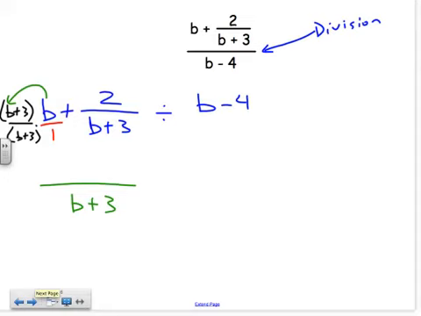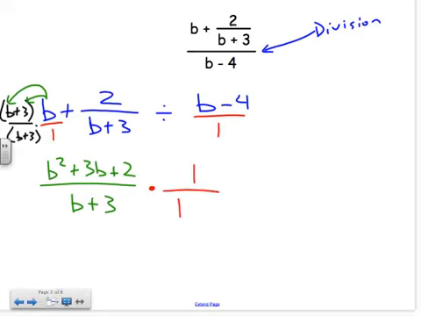So b times b is b squared, and b times a positive 3 is positive 3b, and I have a plus 2. And if I look at this right fraction, instead of writing divided by b minus 4, remember we never divide fractions. So this is really b minus 4 over 1, where we change to multiplication and we multiply by the reciprocal. So there's just a lot of steps to getting this guy set up.